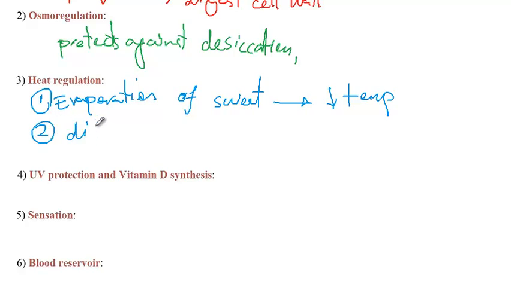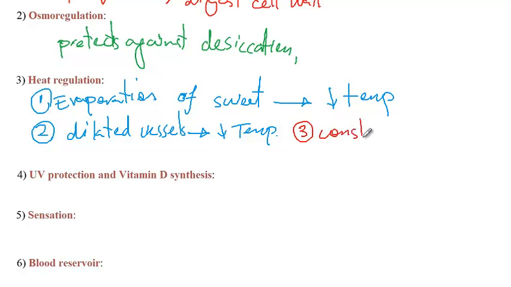So once there is dilated vessels, now the heat can be dissipated from the surface of the skin, and consequently there would be a decrease in body temperature. On the other hand, if there is constriction of vessels, then there would be heat retention, so it would help maintain high temperature in the body.